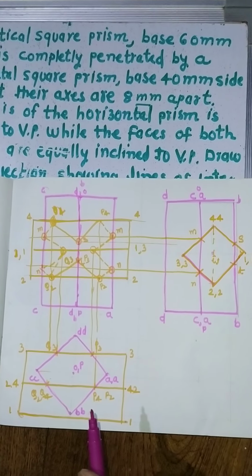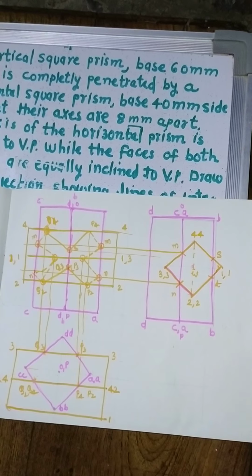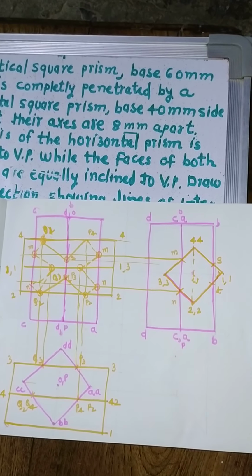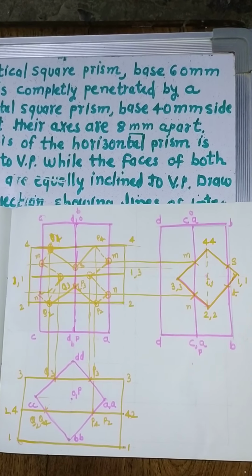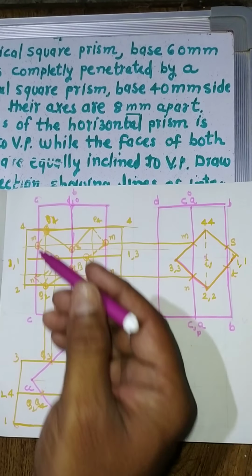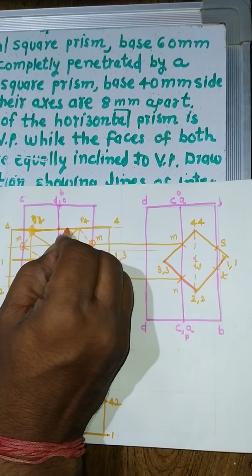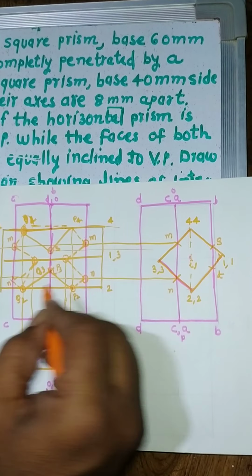Now, which part of the object is cut? The vertical member material is removed. The horizontal member is not cut, so it will be seen dotted. This will be the dotted part of the horizontal member, which is inside the object.